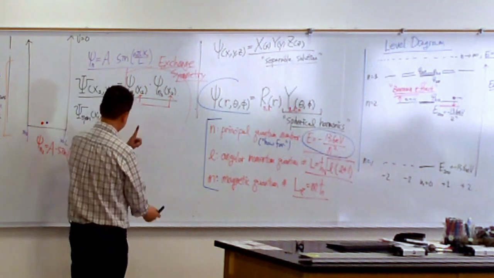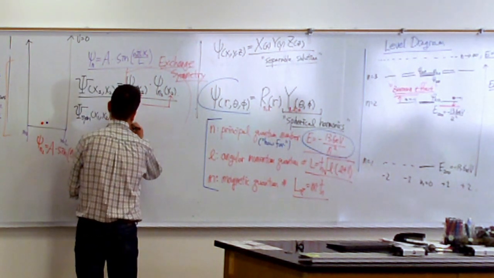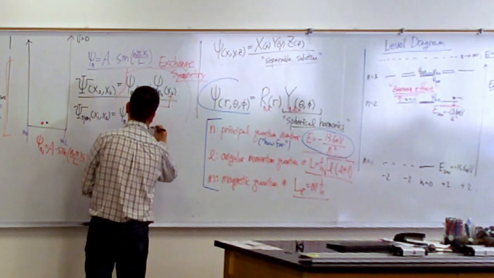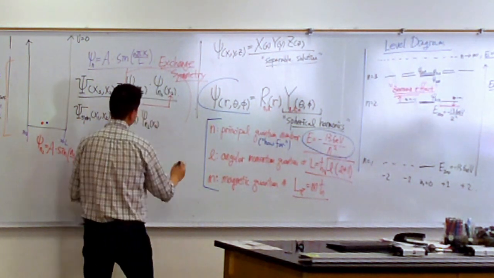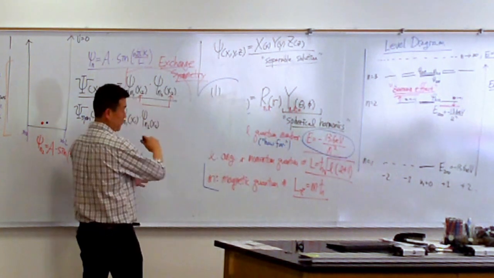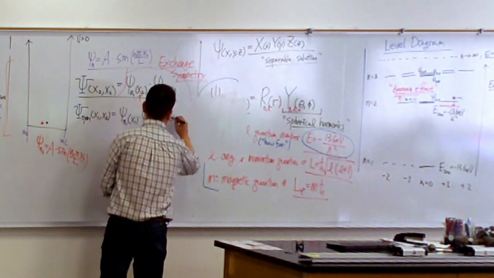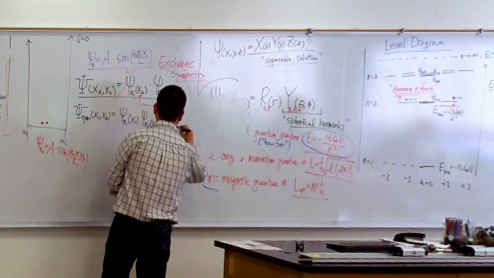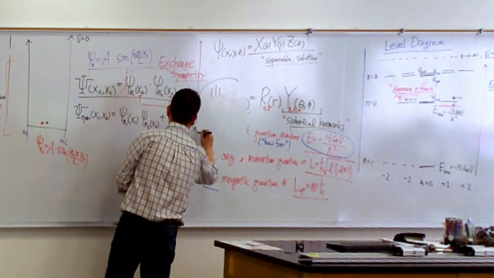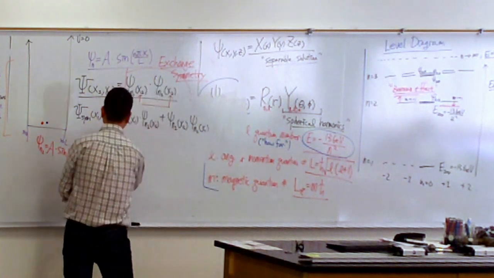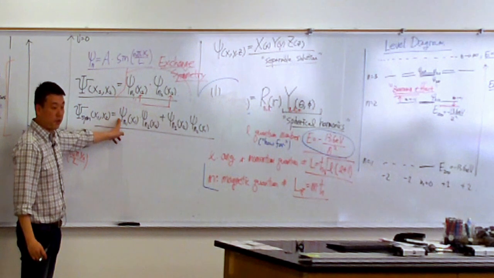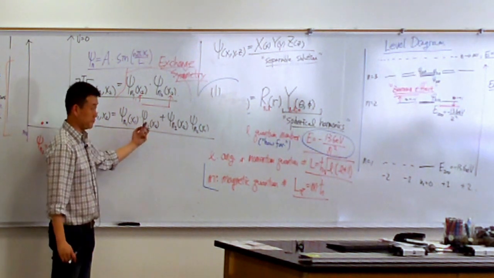Let me try it this way: psi n1 x1, the same thing, psi n2 x2. And then I'm going to add this to something that will help the overall thing become symmetric: plus psi n1 x2, psi n2 x1.